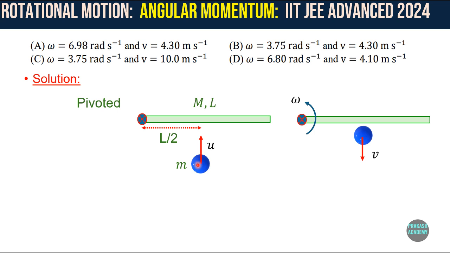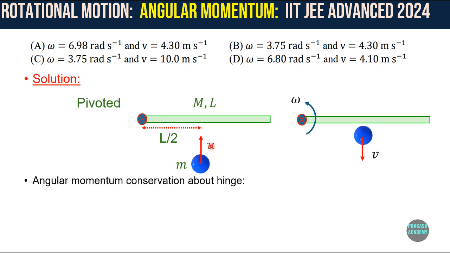So the torque of weight will not be in the direction of the pivotal axis. The pivot itself is frictionless and does not apply any torque. So I can say there is no torque acting in the direction perpendicular to the screen. We can apply angular momentum conservation.